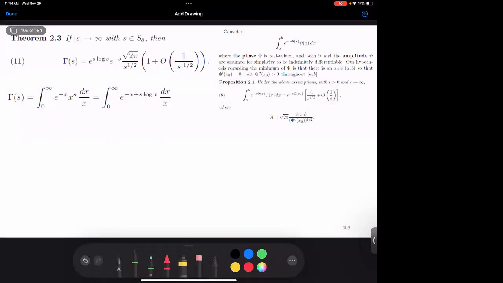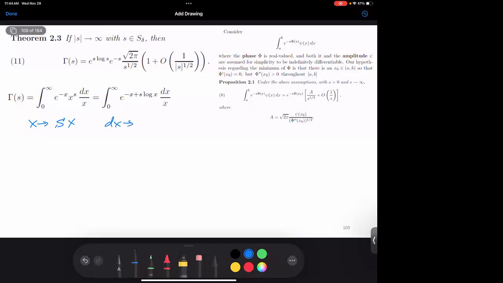Did anybody give me a good change of variables to use? Send x to s times x. Now, if I replace x with s times x, what does dx become?